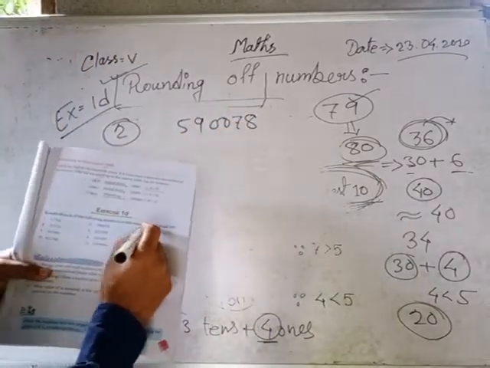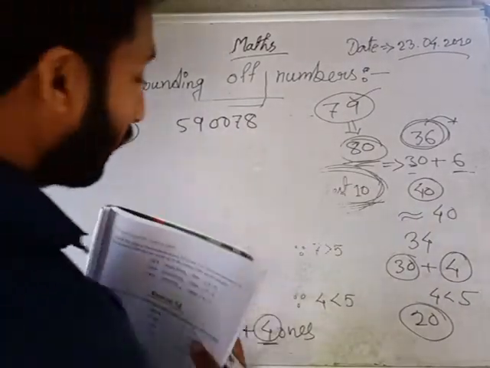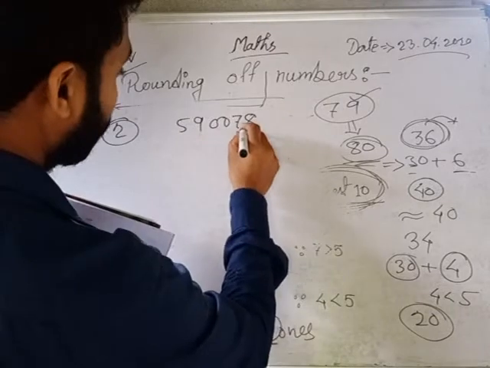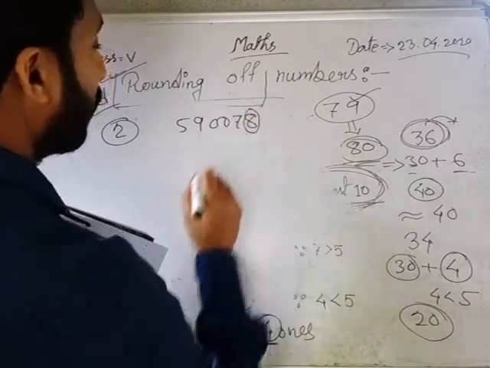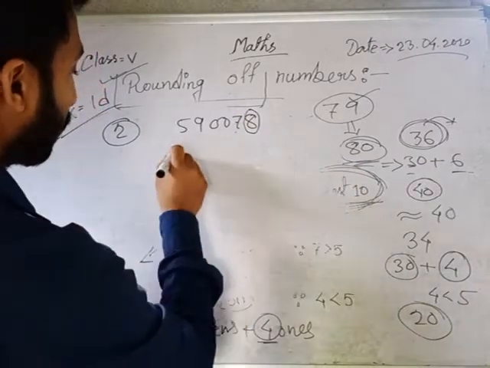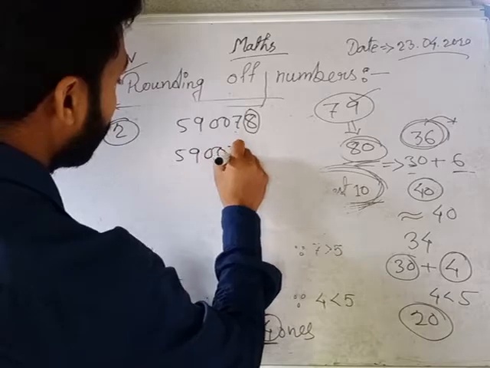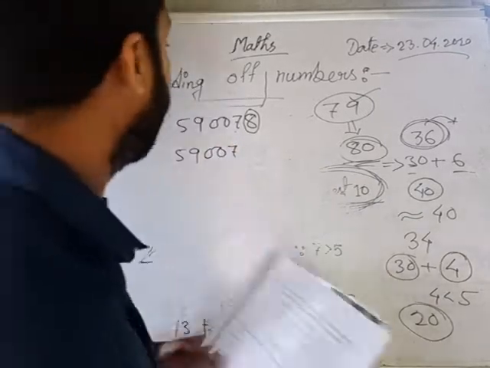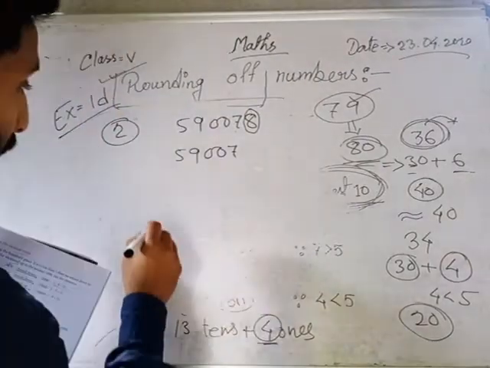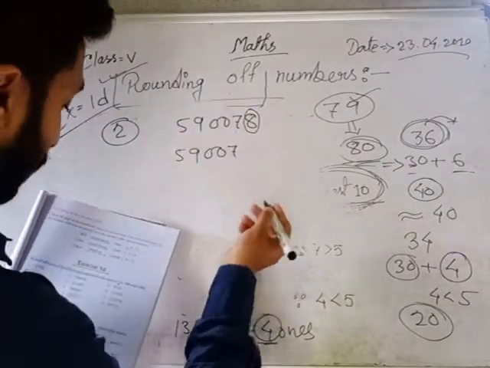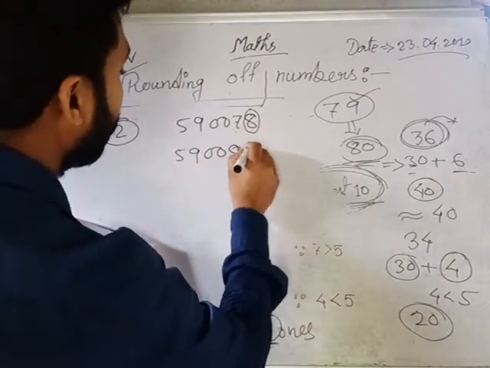When we do the nearest to the 10, we should follow this number. 590078: if it is close to 10 or greater than 10, so that is 80.